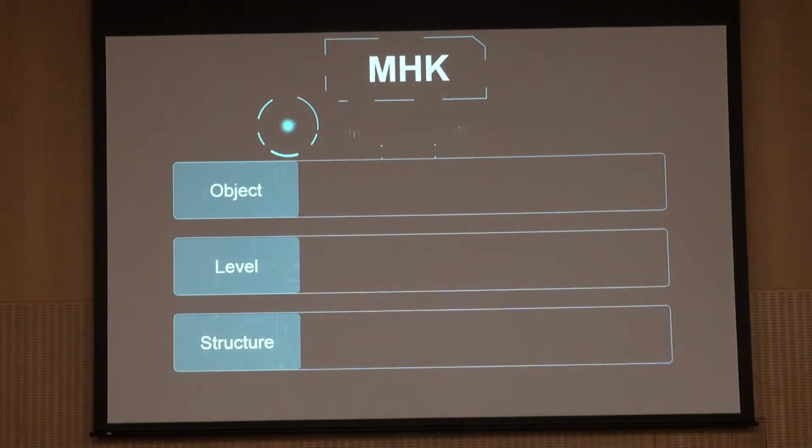MHK is the abbreviation of 民族汉语考试 in Chinese, and it is a national standardized test of Chinese language proficiency for non-native Chinese language speakers in China. In other words, the target examinees of MHK are the ethnic minority people in China.